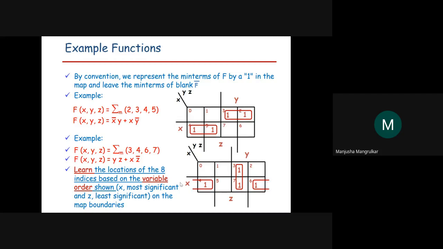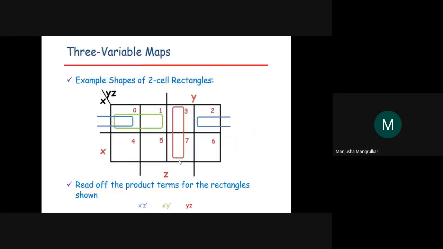We can do not only this grouping, but also the corner grouping, but it should be here and here. It cannot be grouping for this and this term. It has to be the same column, then only we can do the grouping.